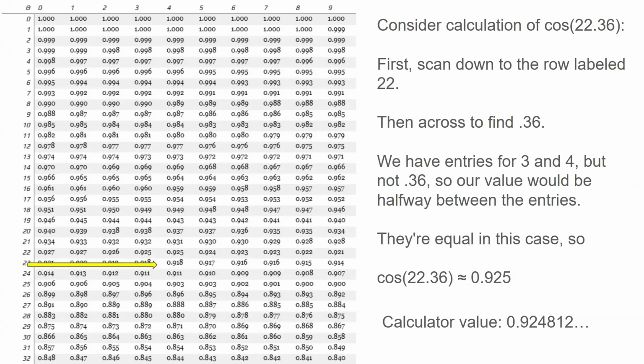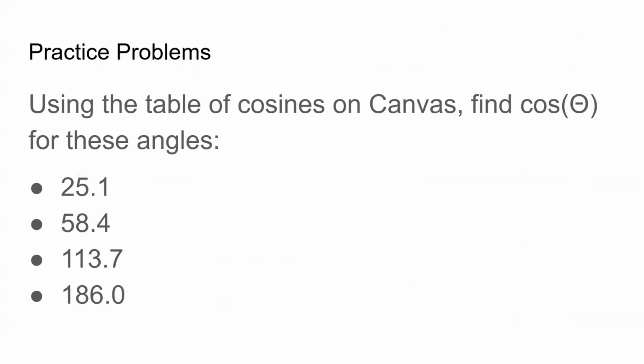All right, here's your assignment now. Again, pause the video, use your table of cosines, which is on Canvas, to find cosine of theta for these angles. And as we go, we should find that the cosine of 25.1 is approximately 0.906.